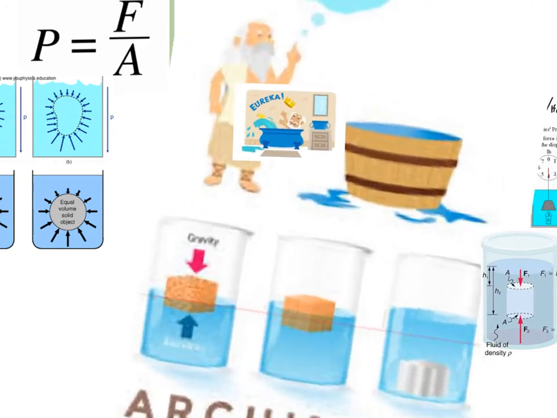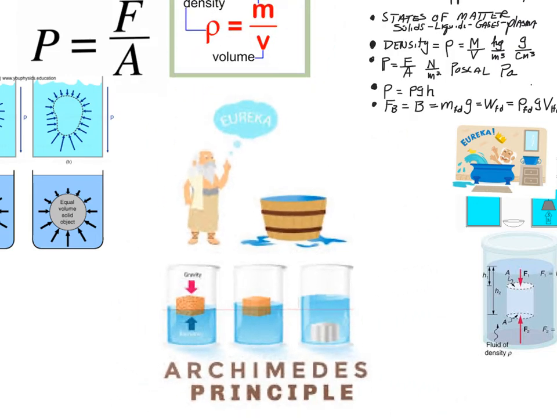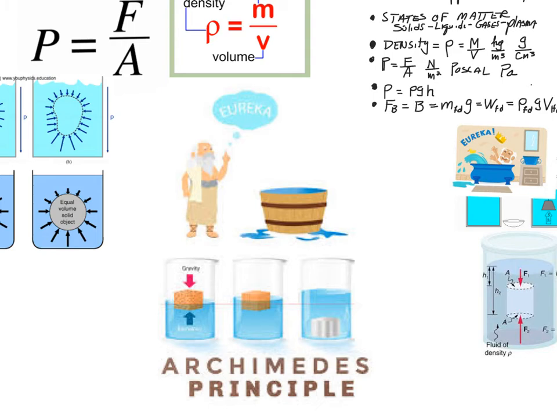And what we know about buoyancy is that the buoyancy of an object is related to its density. And so if something is less dense than water, it floats. And if something is more dense than water, it sinks. And in the unusual case where something is exactly the density of water, it will stay suspended.